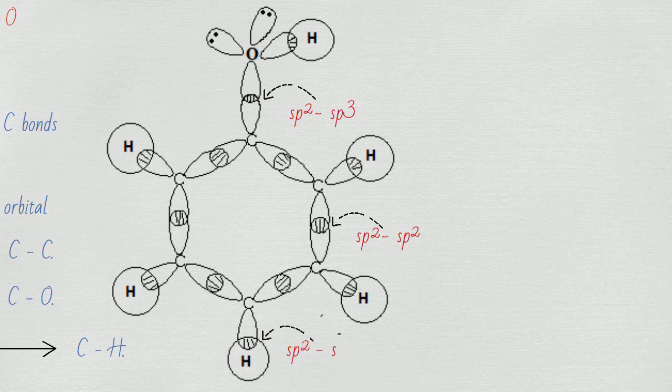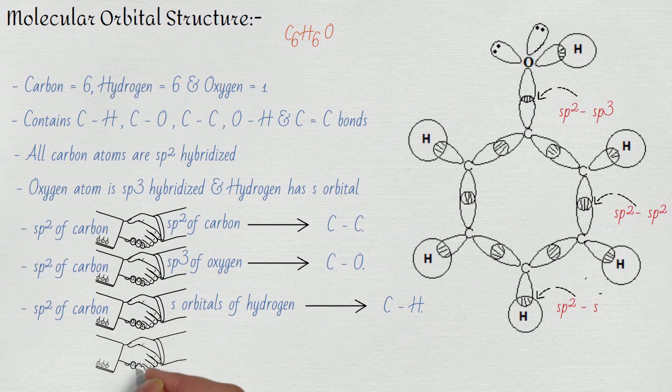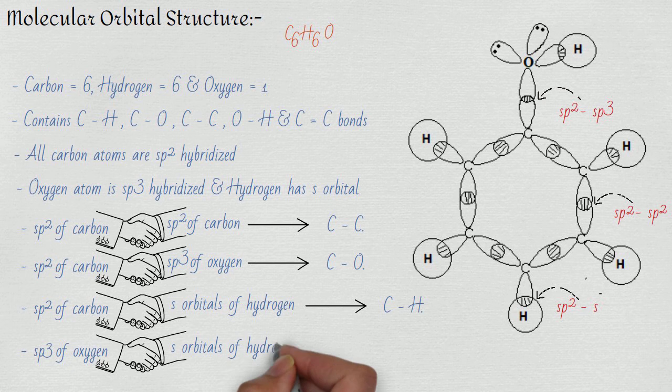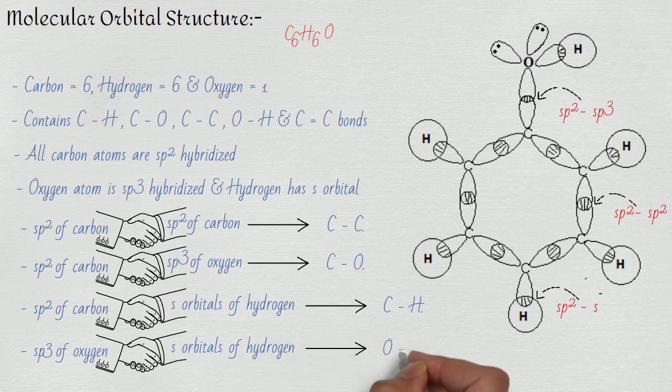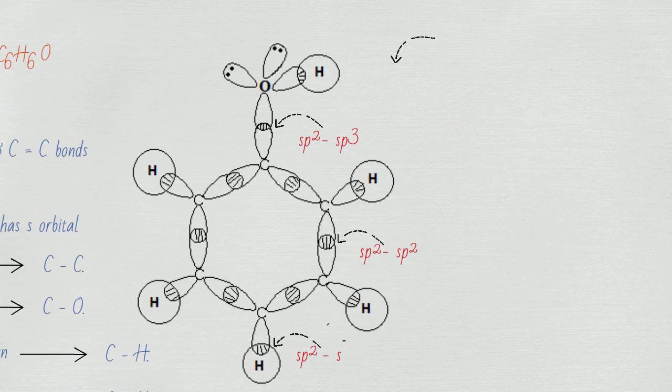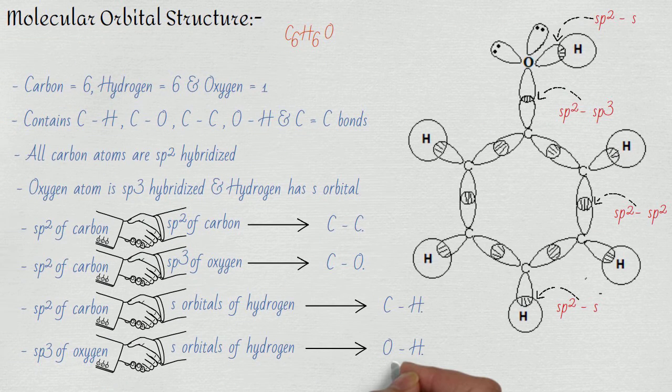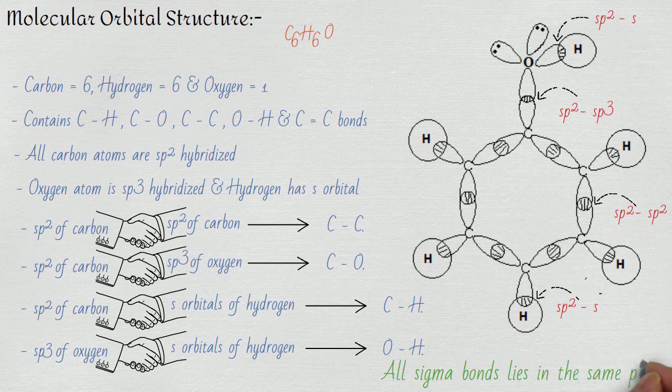Then one sp3 hybrid orbital of the oxygen atom overlaps with the s orbital of a hydrogen atom to form the oxygen-hydrogen sigma bond. So in this way, all sigma bonds are formed in phenol. All produced sigma bonds lie in the same plane.